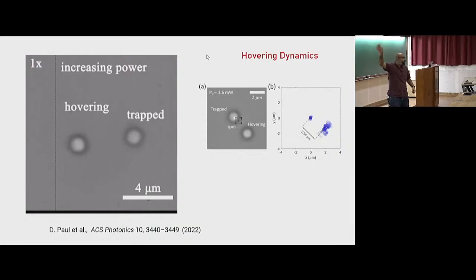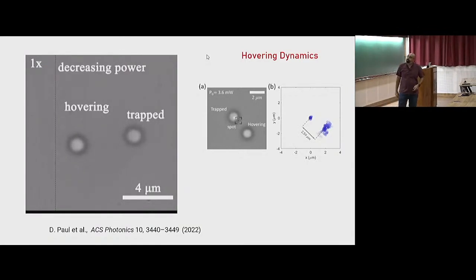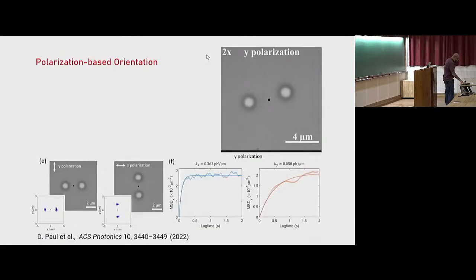This is probably of interest to a lot of people who do various different things related to non-equilibrium stat mech, etc. So there are plenty of things one can study, and you can also look at the polarization effect. For example, you can flip from one direction to another, from Y to X, it will flip. There you go.